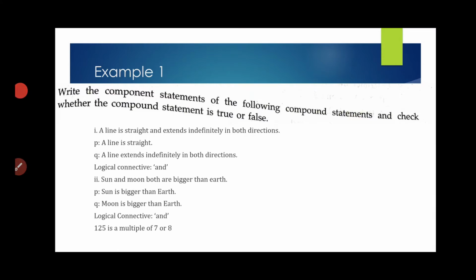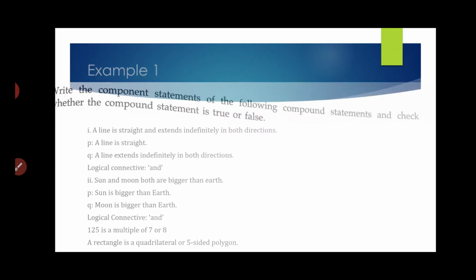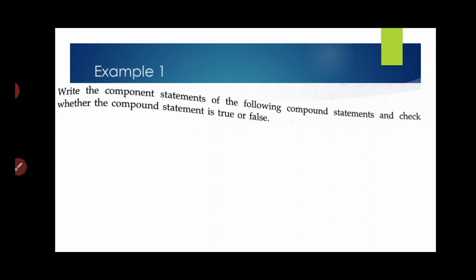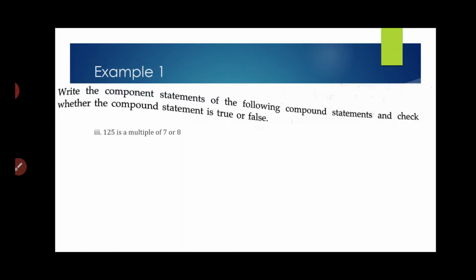Let us take the third example. In the third example, we have 125 is a multiple of 7 or 8. Okay, so let us take the third one separately. The third one is 125 is a multiple of 7 or 8. Now, what will be the component statements?